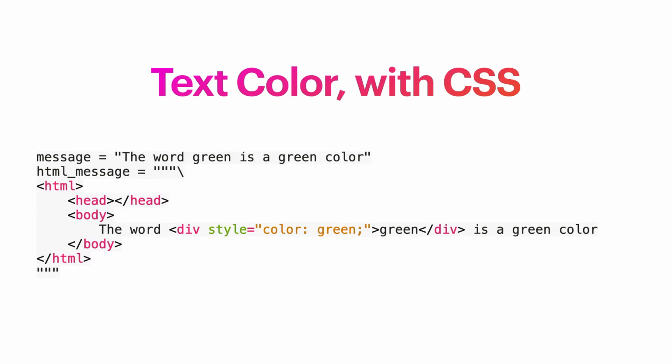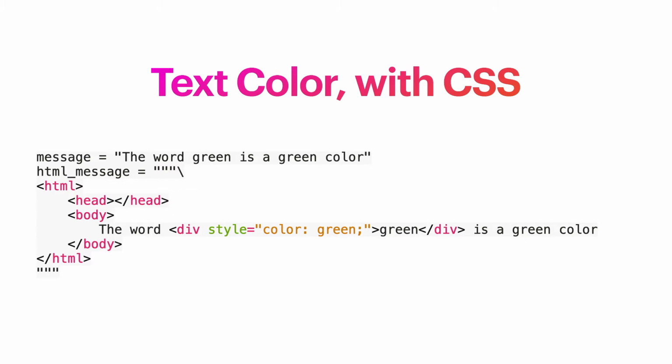A multi-line string is created with 3 quotes at the beginning and end. You can see that there's 3 quotes, and anything inside is basically your string, which is multi-line. Inside of this HTML message, we have actual HTML code, so we have opening and closing HTML tags, head tags, and then we have body tags.